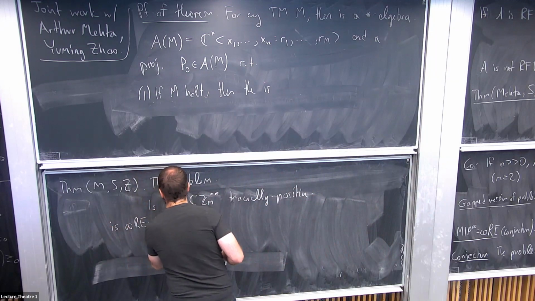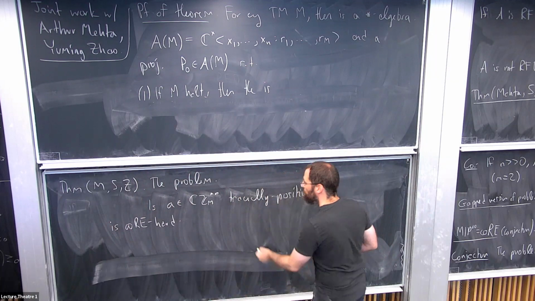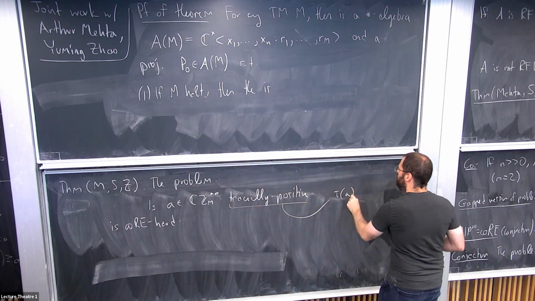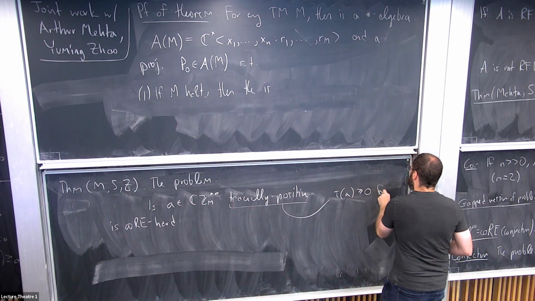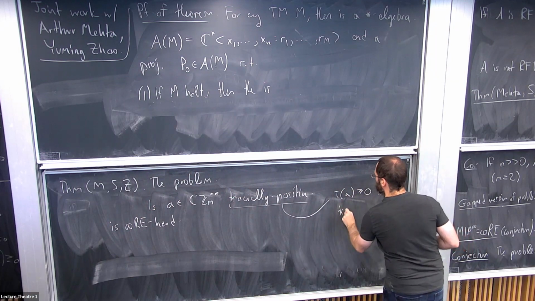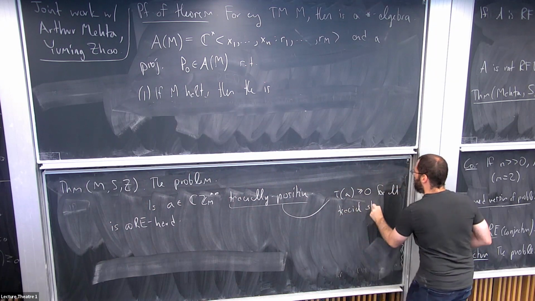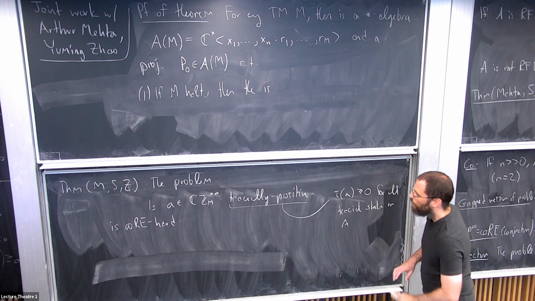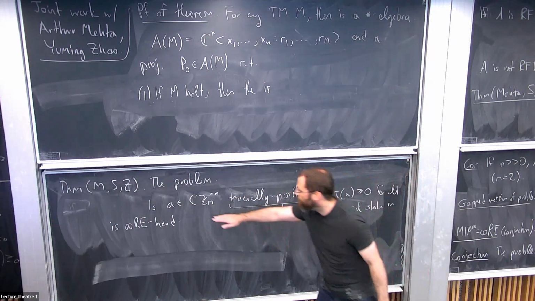So basically exactly the same theorem, but now we're looking at tracial positivity, which is now A is greater than or equal to 0 for all tracial states on A. And now A is just one copy.